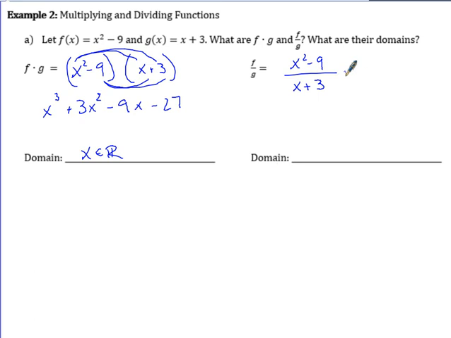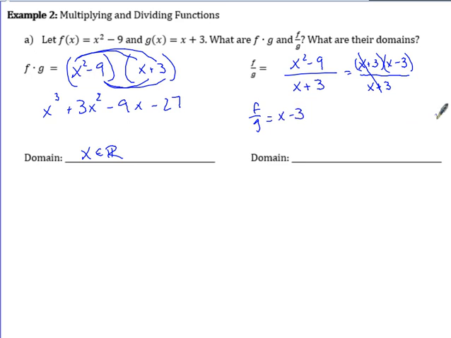So it is going to be x plus 3 times x minus 3. That is it factored. And then that goes over x plus 3. Okay, so what that means is these two factors are exactly the same. So I can cross them out, and the simplified f over g would be equal to x minus 3.